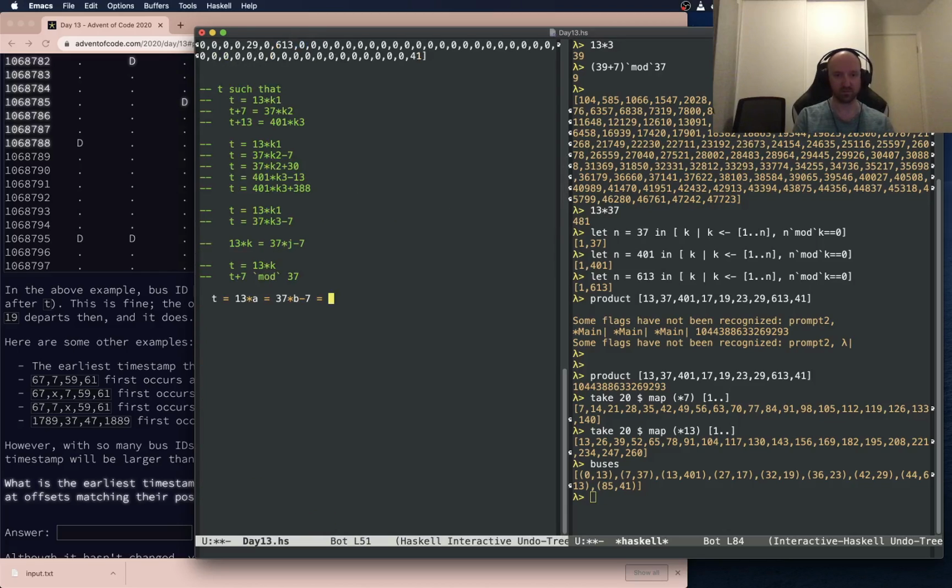And it's also equal to, what's the next one? 401 times c minus 13. I wonder, can I figure out some relationship here between a and b? If 13a equals 37b minus 7, then what's the relationship between a and b?